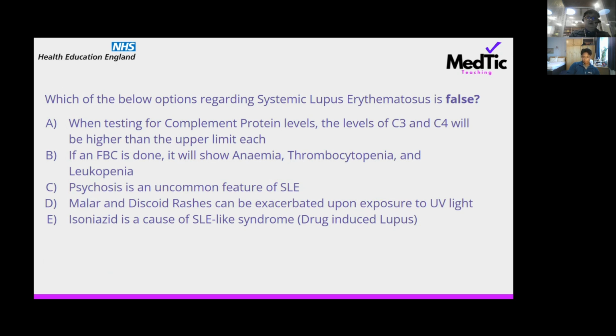So, out of all these points, which one of these is false regarding the condition of SLE? And remember, when you ask, it's the false answer. So one of these is not true.